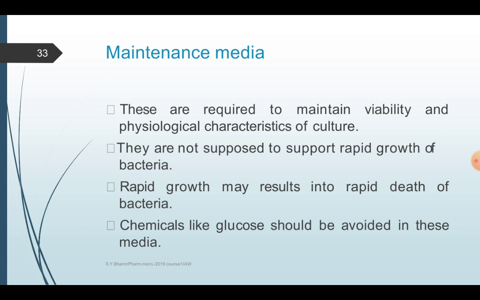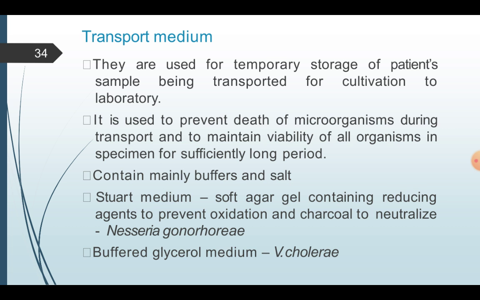Maintenance media are required to maintain viability and physiological characters of cultures. They are not supposed to support rapid growth of bacteria, as rapid growth may result in rapid death of bacteria. Chemicals like glucose should be avoided in this media. Transport media are used for temporary storage of patient samples being transported to the laboratory for cultivation.